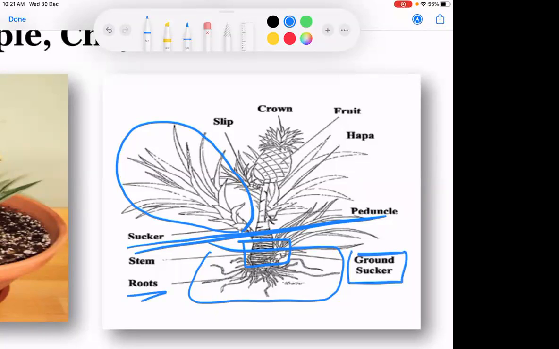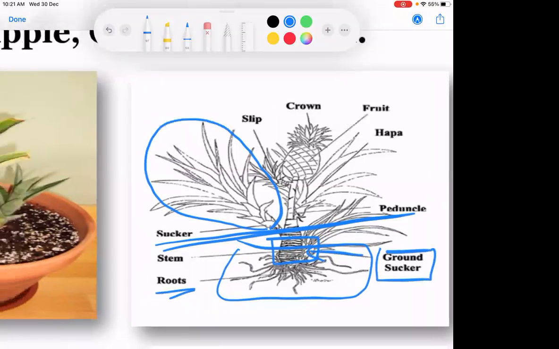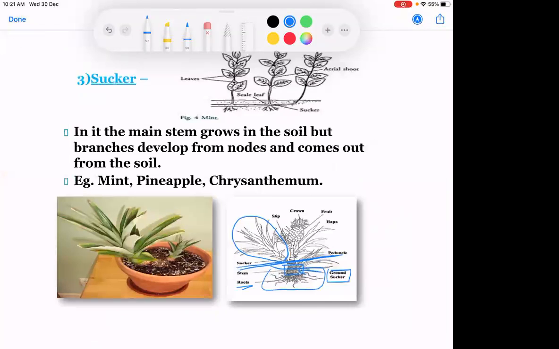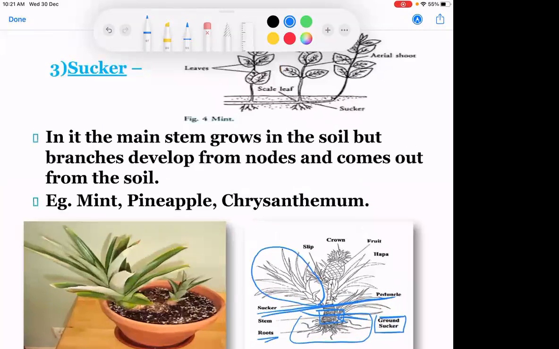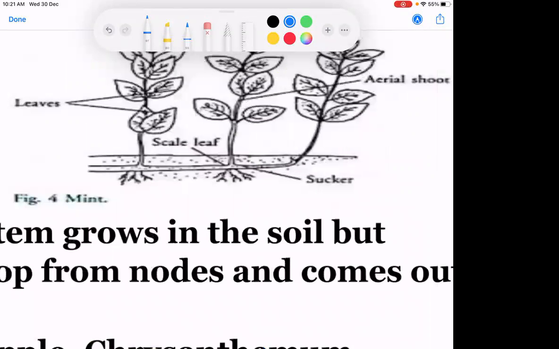So the underground sucker, which is these, they produce, if you see in this diagram, the true stem is this. That stem is going inside the soil to produce special roots.